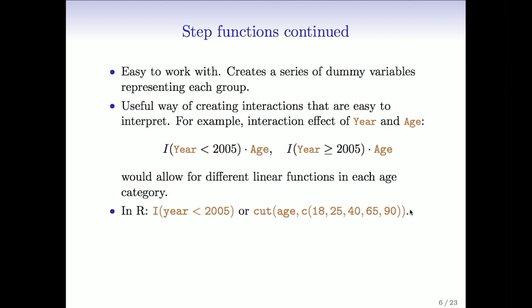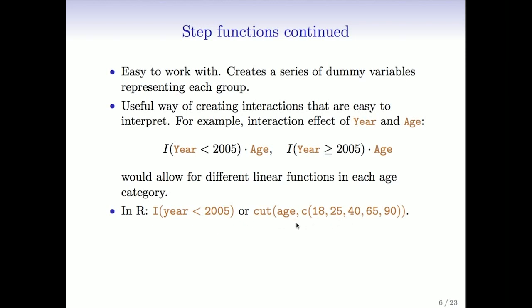You'll see two different linear functions. It's an easy way of seeing the effect of an interaction. And in R, creating these dummy variables is really easy. Creating an indicator function is pretty much the same expression we've shown up till now. There is a function I in R, which is basically an indicator. And year less than 2005 turns into a logical, but when wrapped in the indicator, it's essentially a 0, 1 variable.